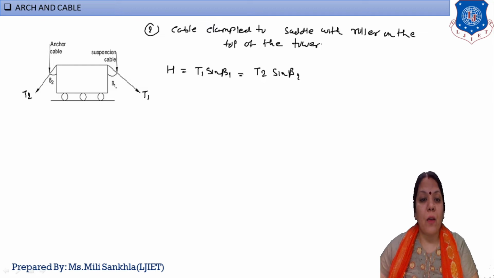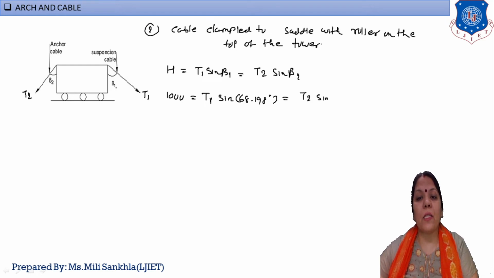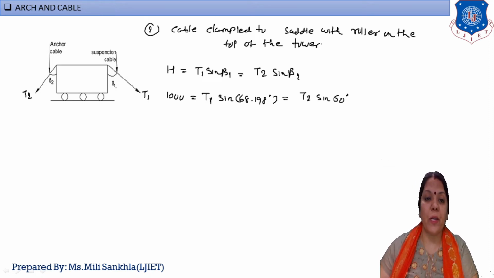Now one by one, H is equal to 1000, then value of T1 is unknown and sin beta 1, where beta 1 is equal to 68.198 degree. Here again T2 is unknown and sin beta 2, that means 60 degree. Now we find out value of T1 and T2 with respect to this 1000.